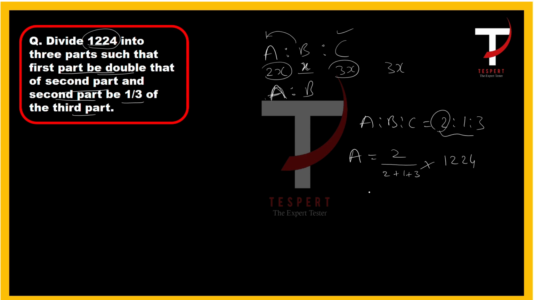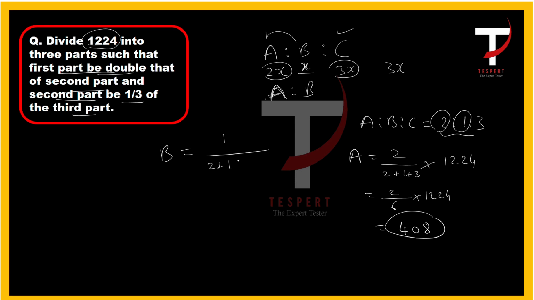So calculate 2 by 6 into 1224, which is equal to 408, right? And calculate for B. B's part is 1 here. 1 by total parts, 2 plus 1 plus 3, into 1224, right? So 1 by 6 into 1224, that is equal to 204.